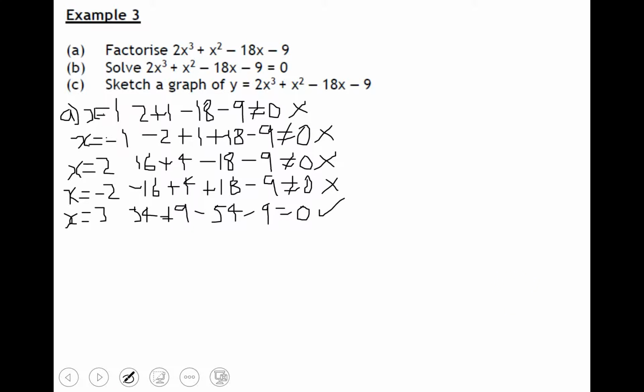And therefore x minus 3 is a factor. Then we use algebraic division, x minus 3 into the cubic.